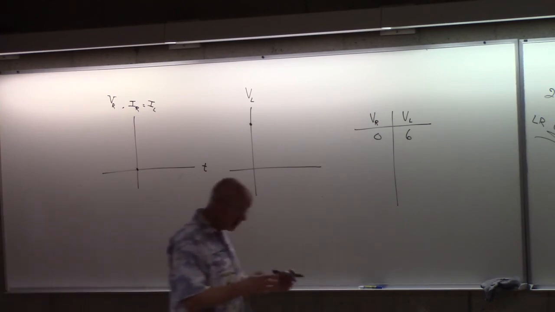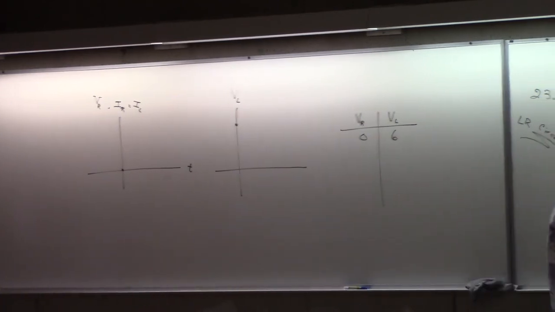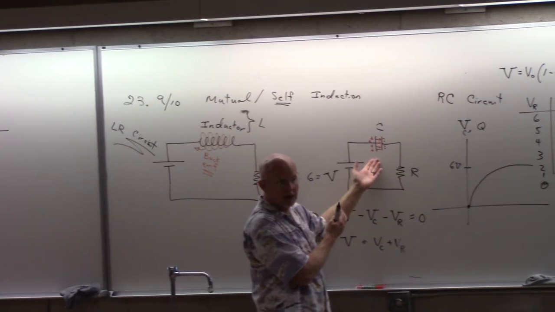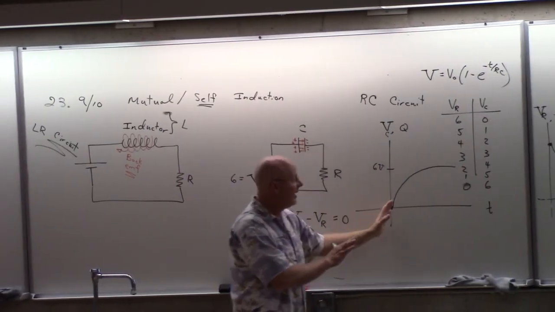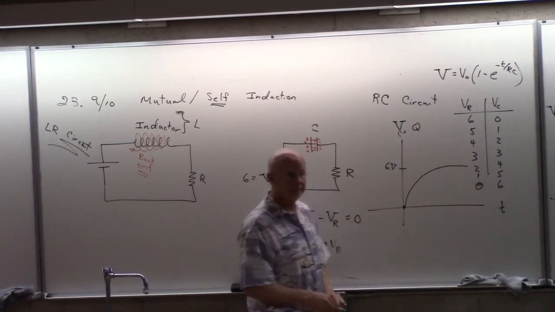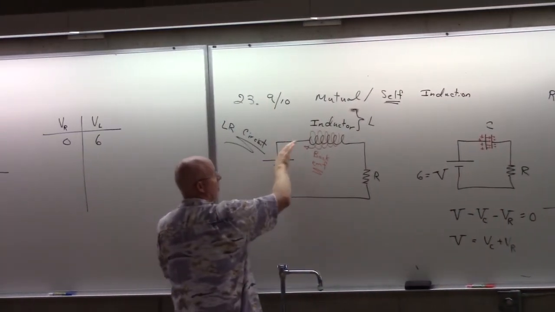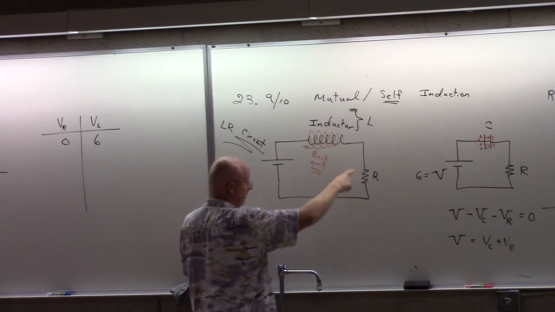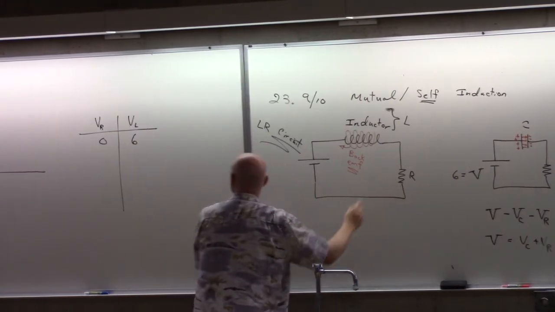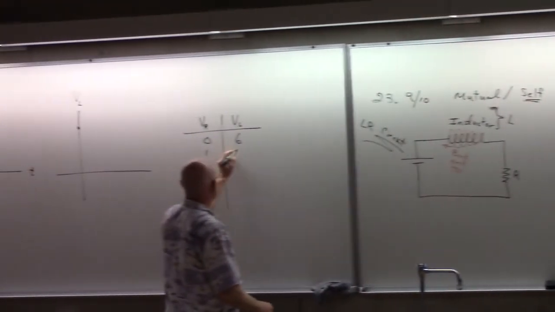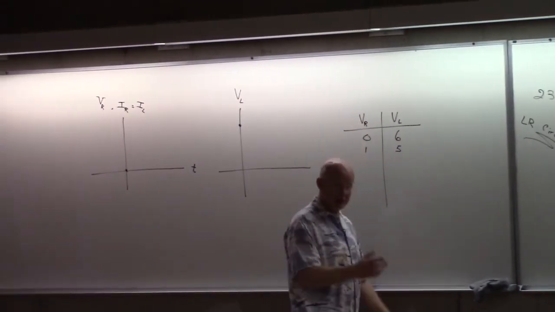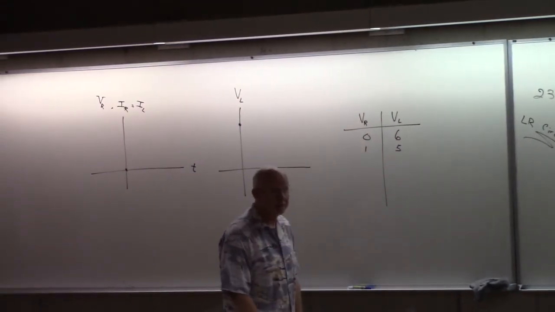And my comparison will be the current in the inductor will behave a lot like the charge on the capacitor. It'll start off at 0 and build up. Of course, there will start to become current through here. And so this number is going to go up, meaning this number has to go down. Because again, Kirchhoff's loop, they have to add up to 6.